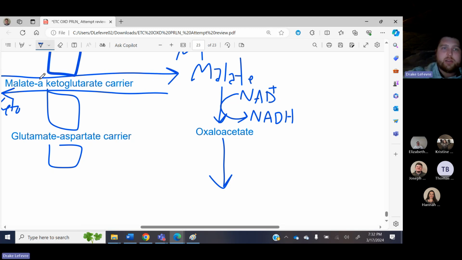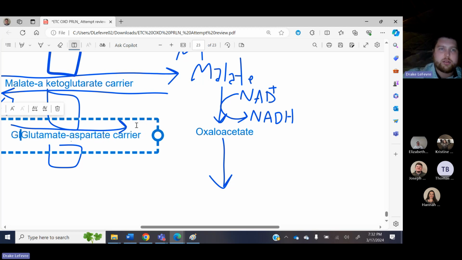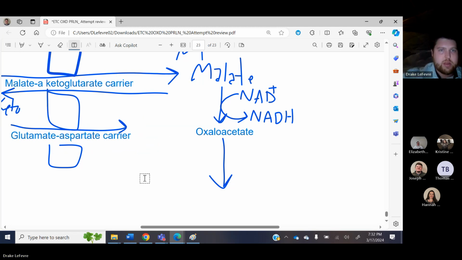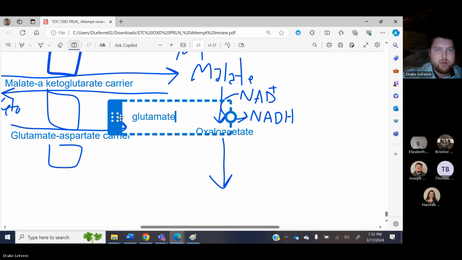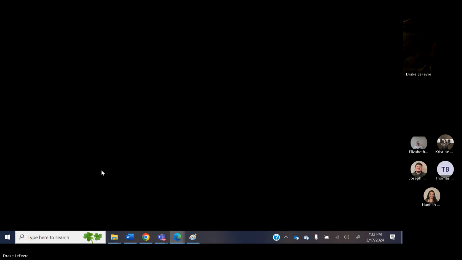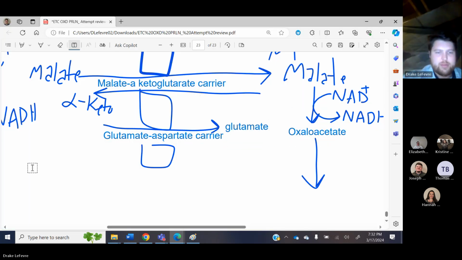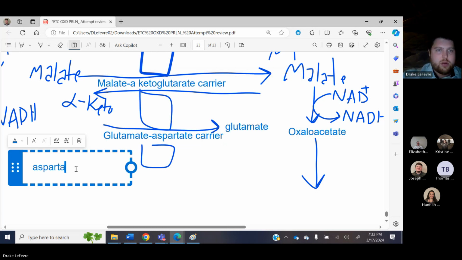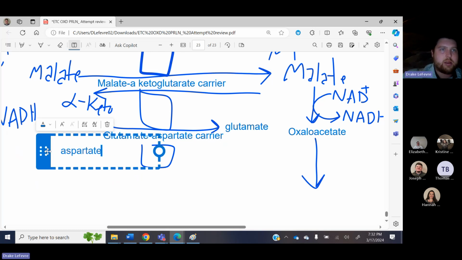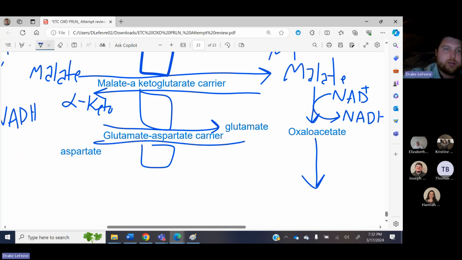Oxaloacetate is going to react with, remember, we have glutamate coming across, and aspartate, glutamate aspartate coming across.